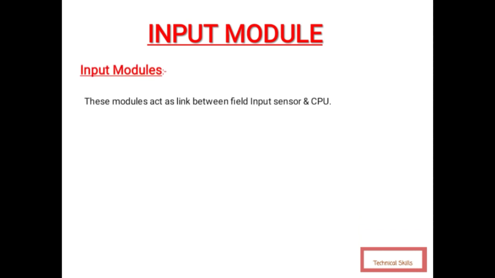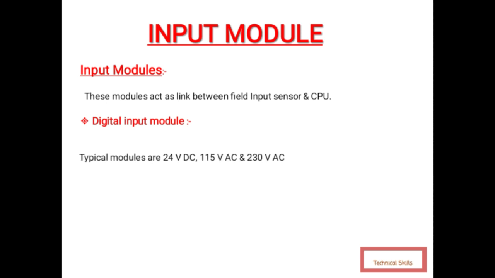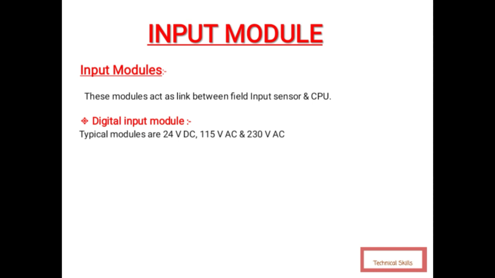Next is input modules. These modules act as a link between field input sensors and the CPU. Inputs are of two types: digital input modules and analog input modules. Digital input modules are typically 24 volt DC, 115 volt AC and 230 volt AC. Examples: switches, push buttons, relays, proximity switch.